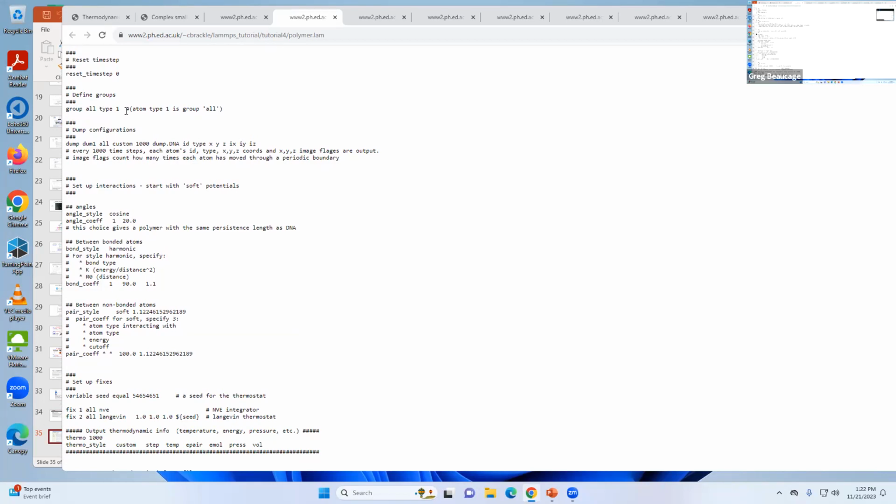So that's where you find all the groups that you have. The groups in the initial configuration file are defined there, along with the types. What's a group? For example, if I have sodium chloride and water in my system, the atoms sodium and chlorine will belong to group 1, while the atoms hydrogen and oxygen will belong to group 2.